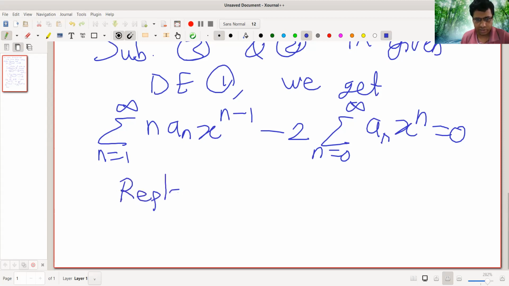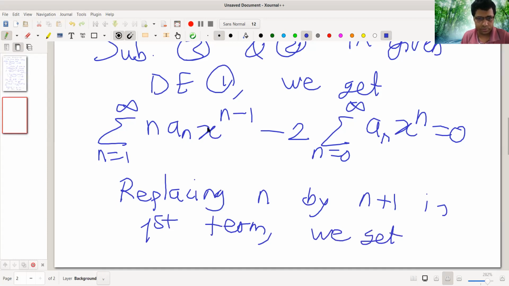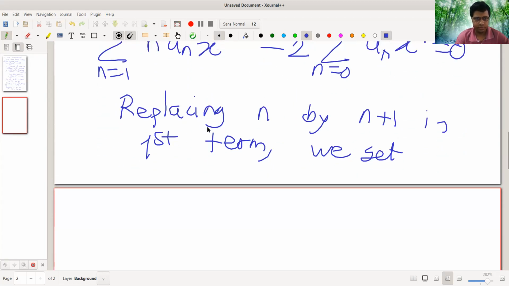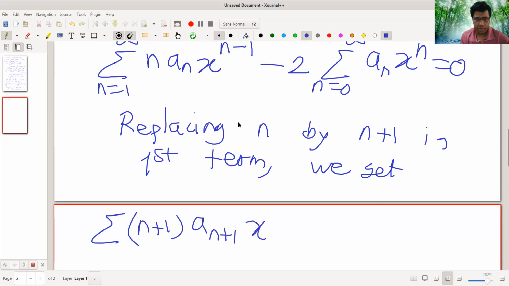Replacing n by n plus 1 in the first term, we get summation (n plus 1) a n plus 1 x raised to n plus 1 minus 1, that is x raised to n.